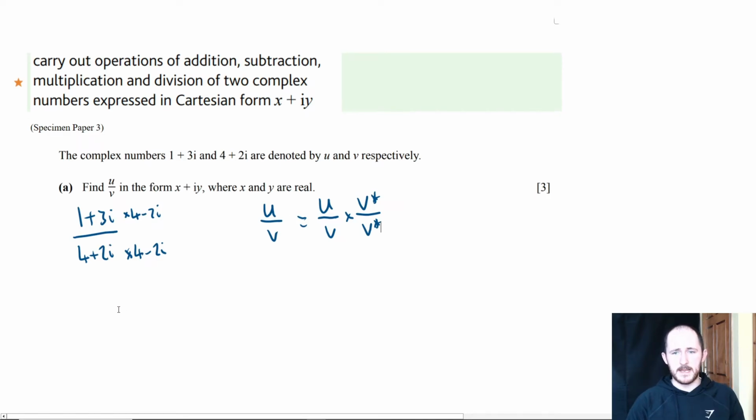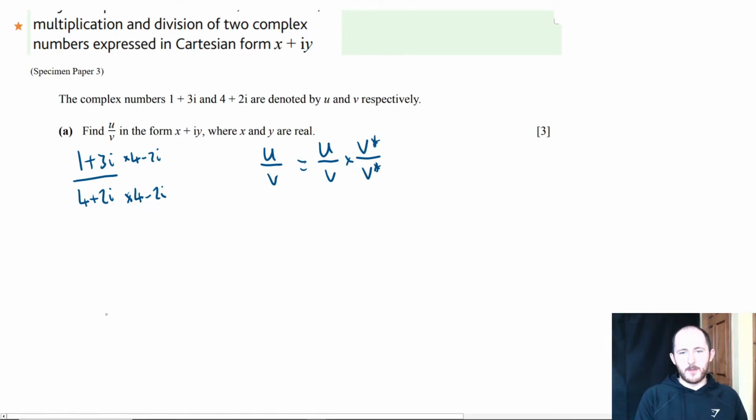But let's keep going. I'm going to write this out in quite a few separate steps because it's very easy to make mistakes. So, if I put it in brackets here, we're going to take the steps very carefully. So 1 times 4 gives me 4. 1 times minus 2i. 3i times 4 is 12i.